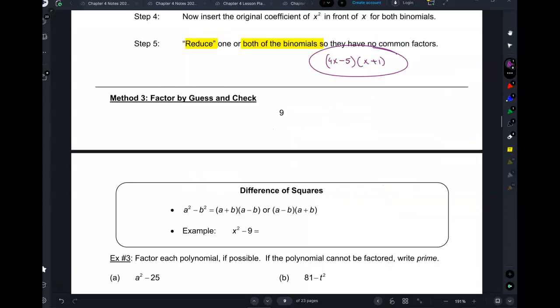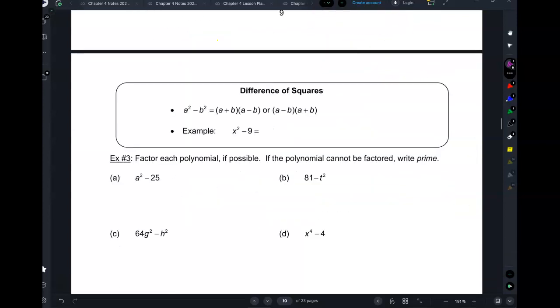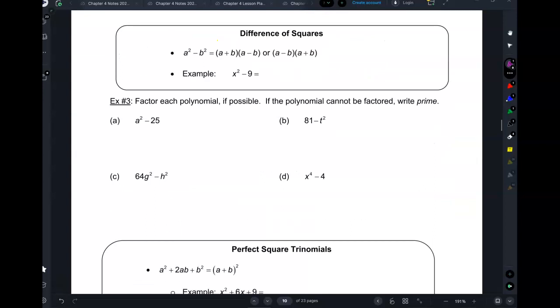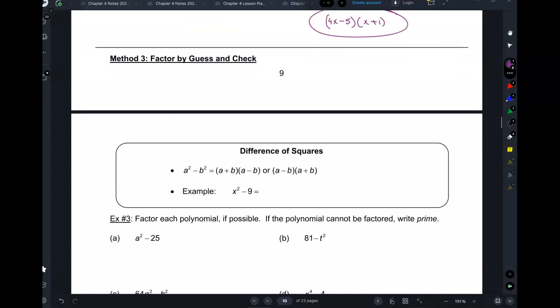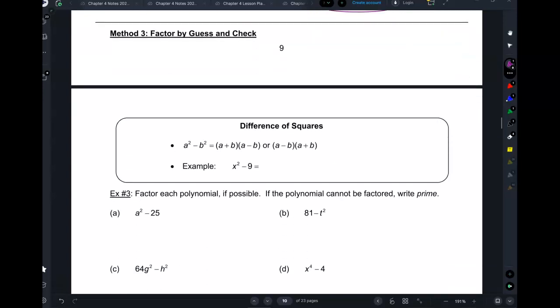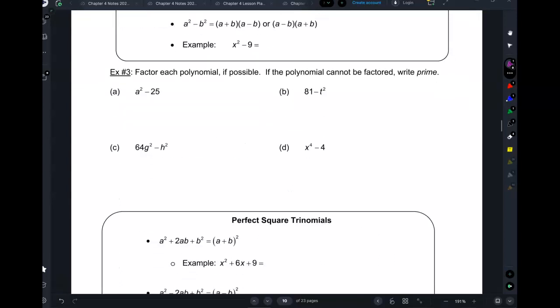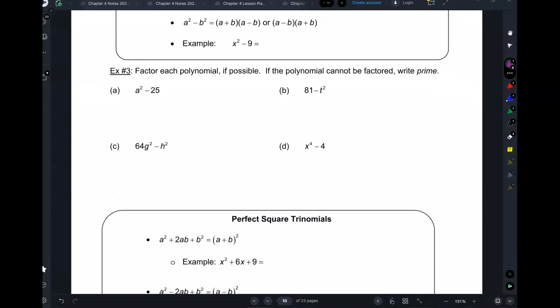Okay? All right, let me give you an example. Okay, so how does that sound? Good? Okay.